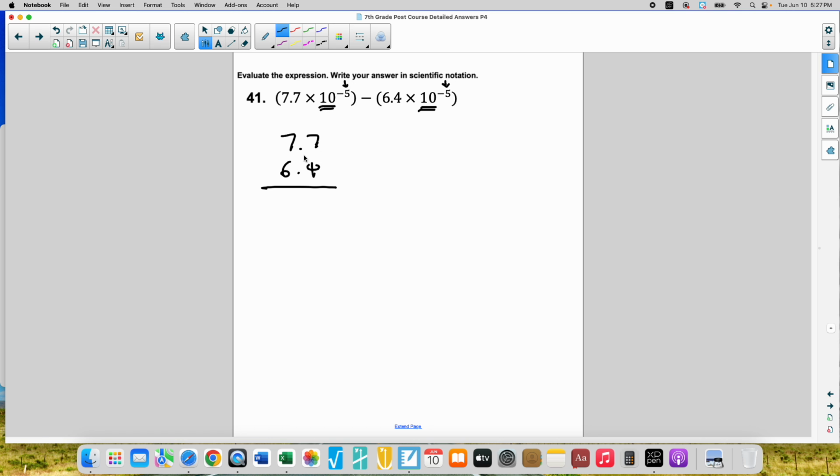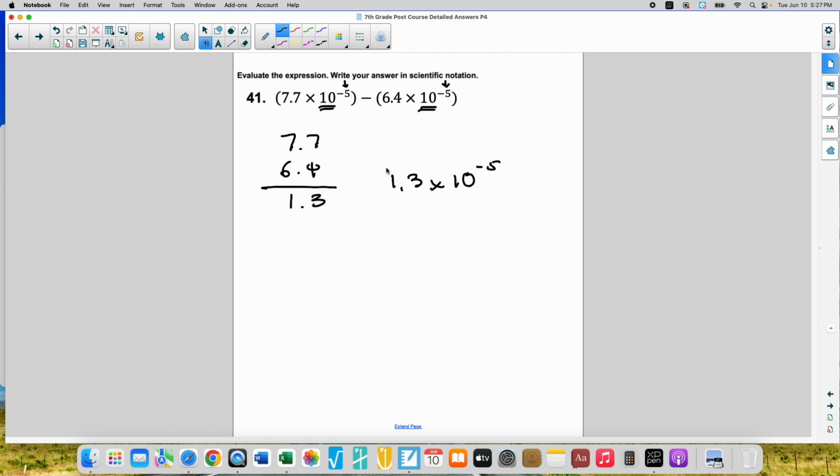That exponent is going to move that decimal around, so that's why it's important. So we can just subtract those, and we would get, in scientific notation, 1.3 times 10 to the negative 5. It is not going to change our answer. It's going to leave it.